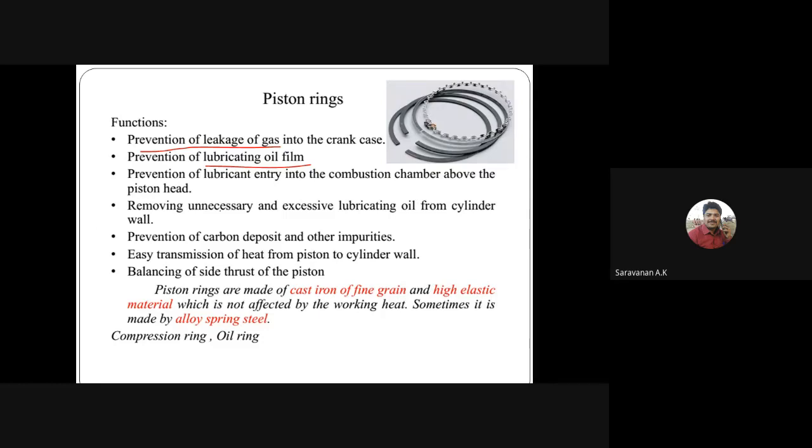The piston ring is also made of cast iron, a fine grained and highly elastic material. Sometimes it may be made of alloy spring steels, because we have to get a high elastic property here.